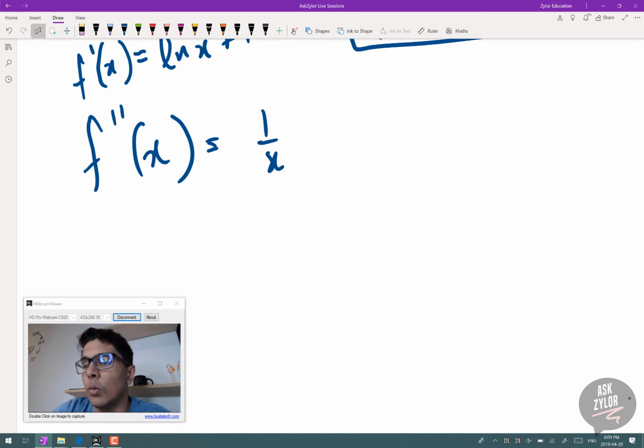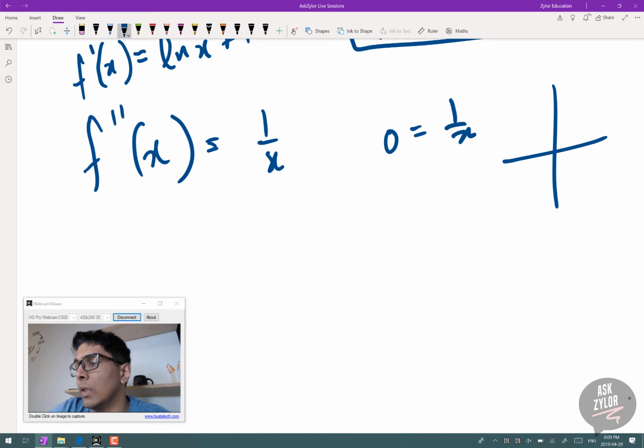Right. So when is my second derivative equal to 0? So when 0 is equal to 1 over x, right? And that's never going to be possible because I know my rational function has a vertical asymptote at x equal to 0. So that tells me that my concavity never changes.